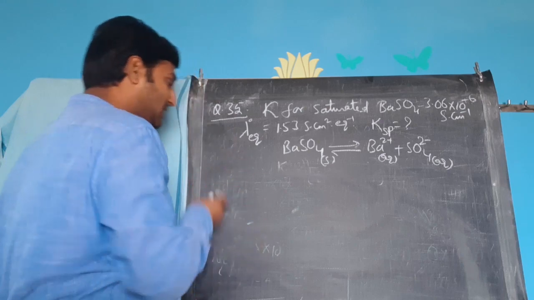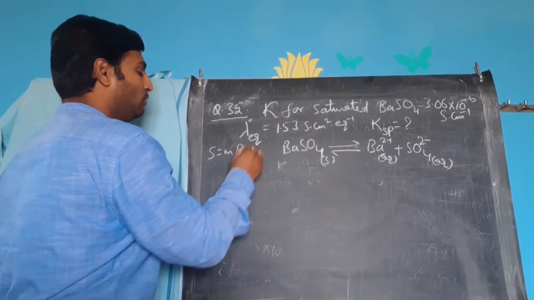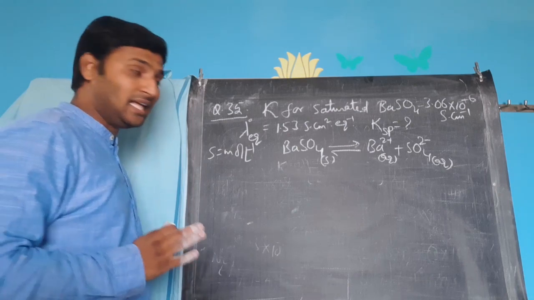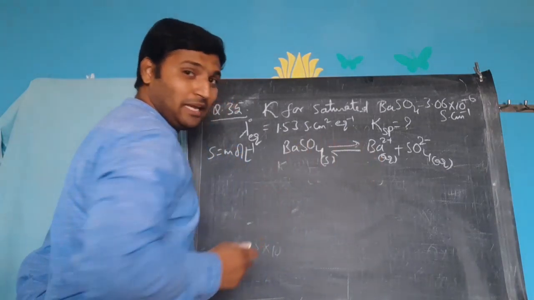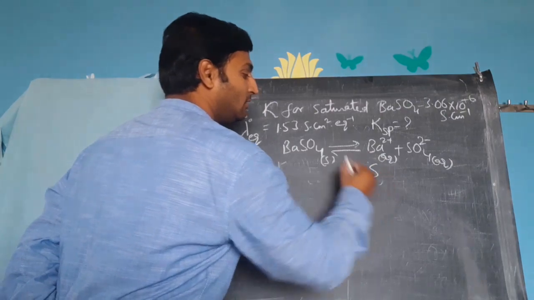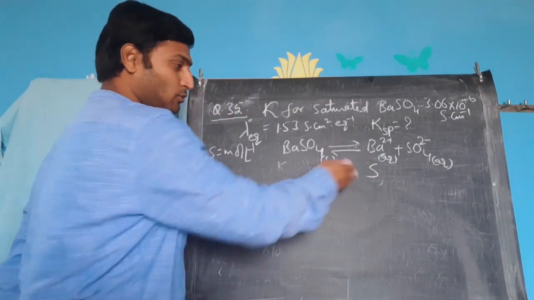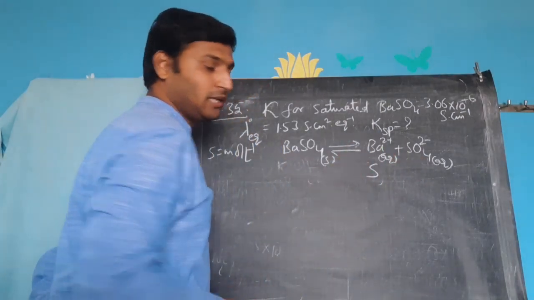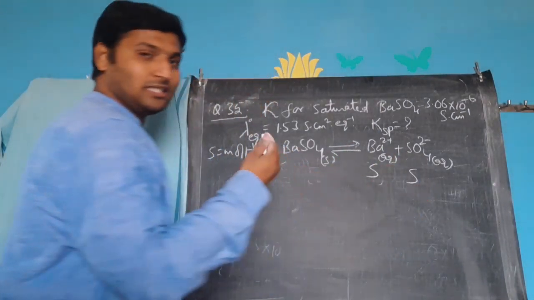And if you express solubility in terms of moles per liter, then solubility and molarity will be same. Then what would be the concentration of barium cations formed? S moles per liter, where S is solubility. Similarly, what would be the concentration of sulfate anions? S moles per liter, because S is solubility.